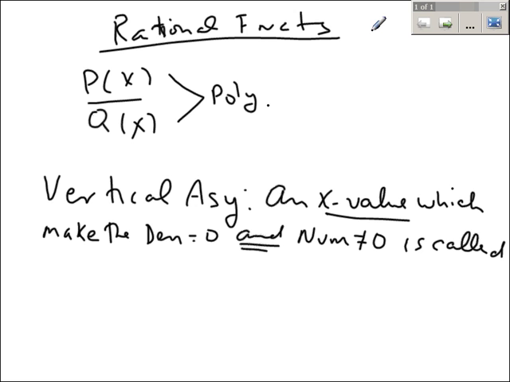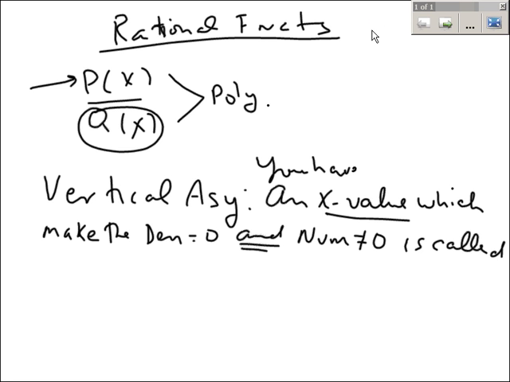The x value that makes q of x 0 but does not make p of x 0, you have a vertical asymptote at that x value.